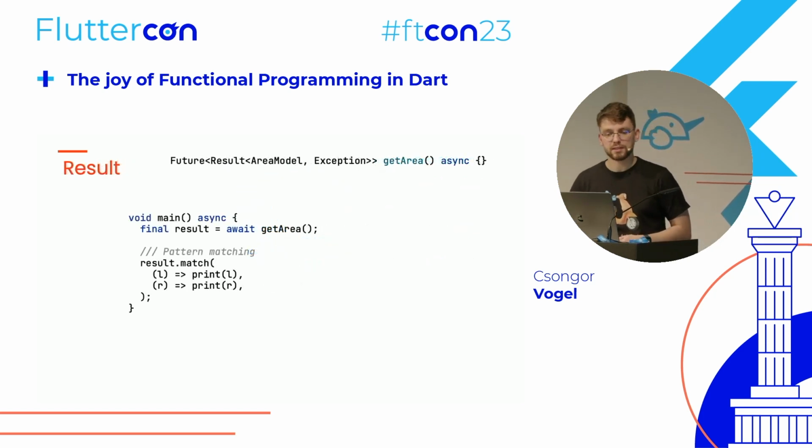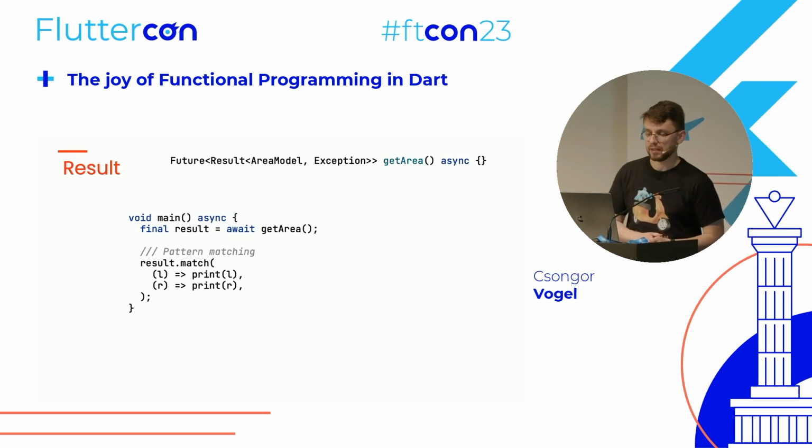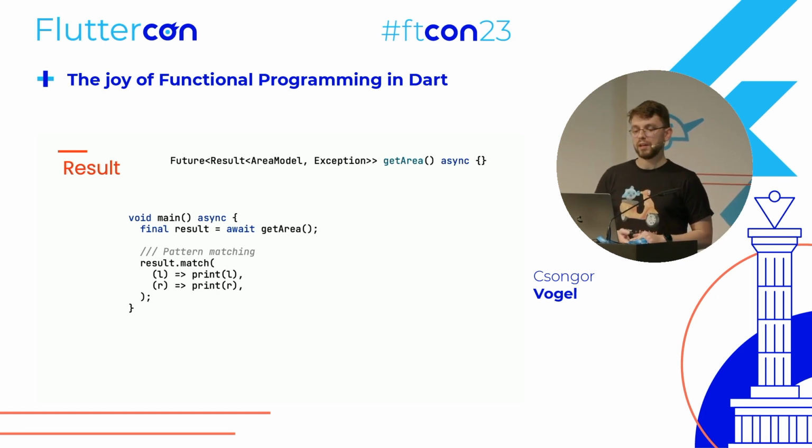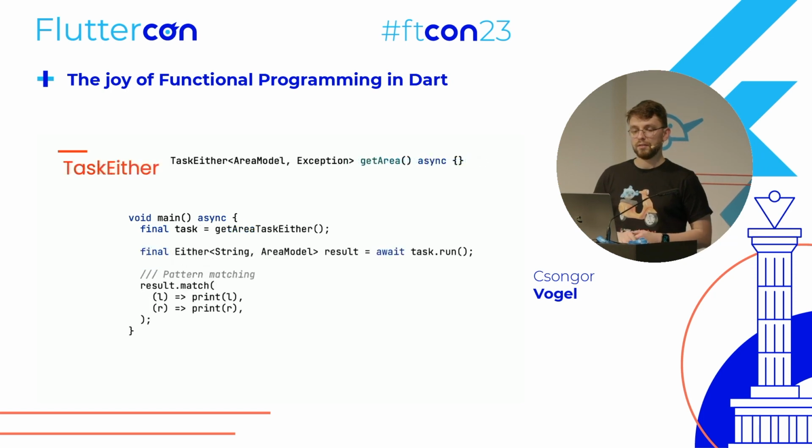Going back to the previous implementation, still in our main function, we just called the getArea inside of a Future one. If we are migrating to the TaskEither, then we can see that first of all, we are always creating a Task, which is the outside layer of our type. And by calling the run function, we can have access to the Either itself.